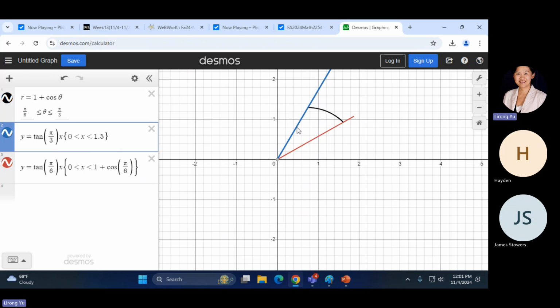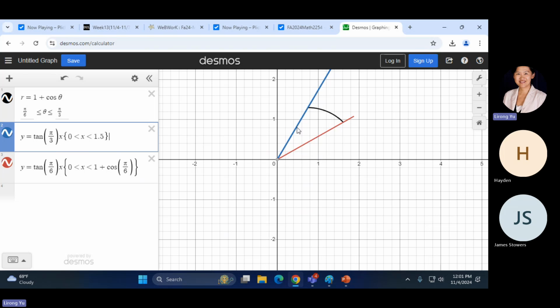Are we okay there? That's pi over 6, that's pi over 3. So we find the area within this curve between these two. This will be the lower boundary, this will be the upper boundary for the integration. But somehow that doesn't work here. The radius is supposed to be right.